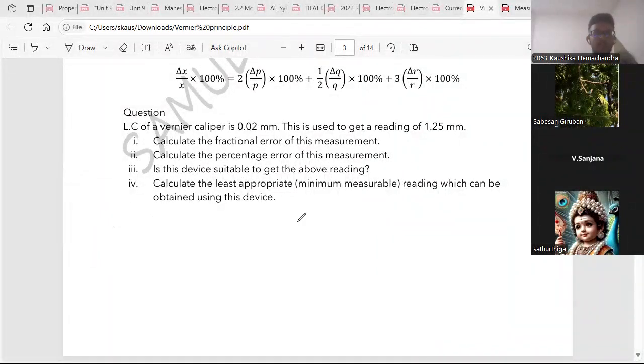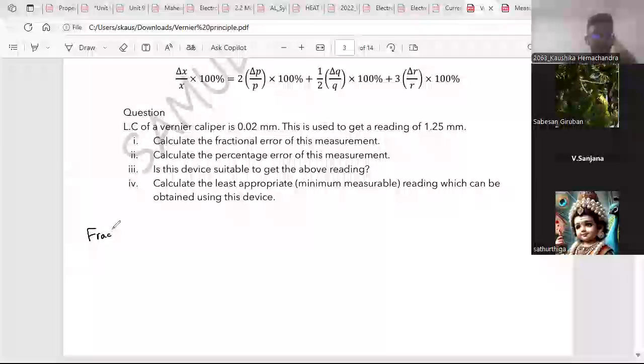So it's about a Vernier caliper. We don't know what a Vernier caliper is yet, but that's all right. We can do the questions they have asked. So least count is 0.02 centimeters, and this is used to get a reading of 1.25 millimeter.